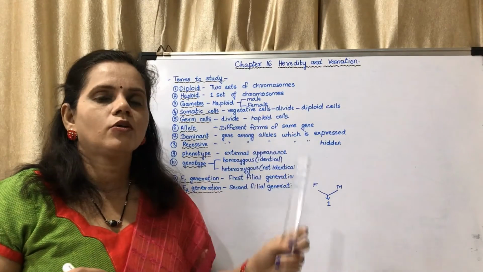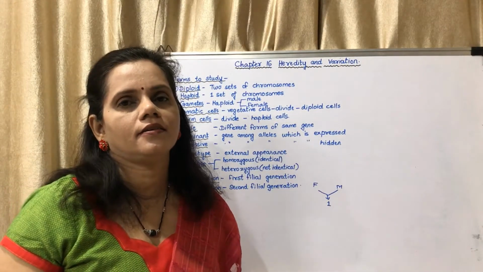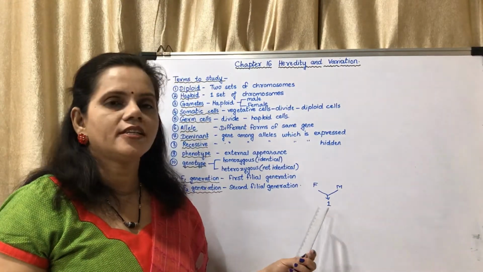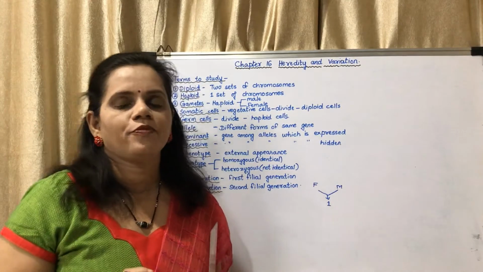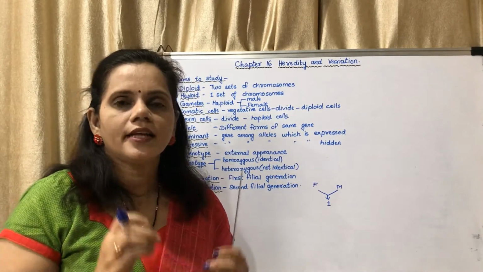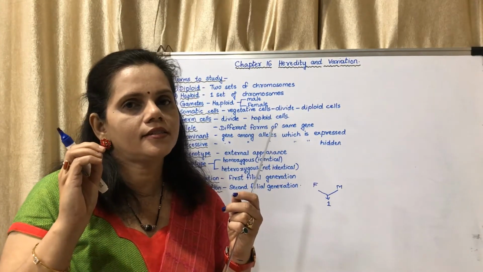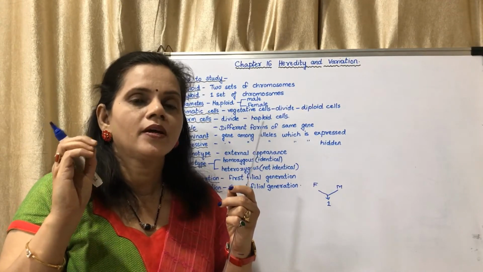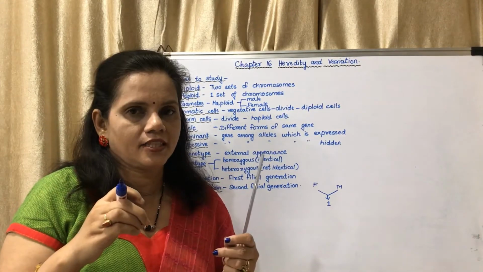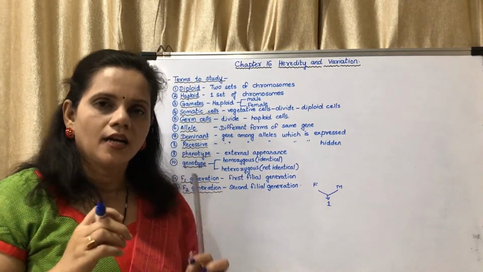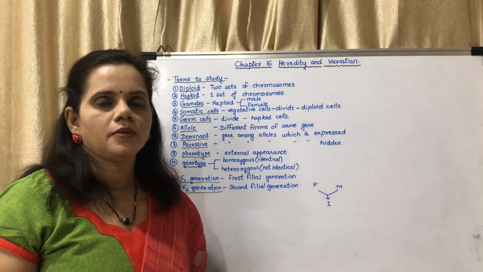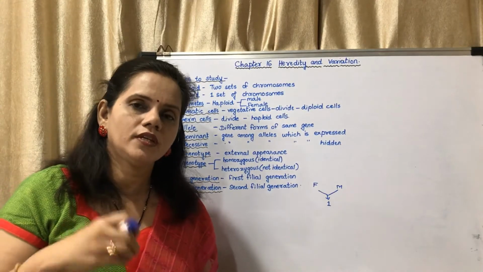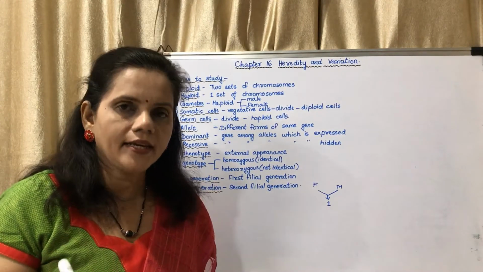It has been going on for millions of years, but consider we are calculating from our great-grandfather. Then the great-grandfather is the first parental generation, and our grandfather is the first filial generation. Understood? So the first filial generation means the first generation which we are studying about.